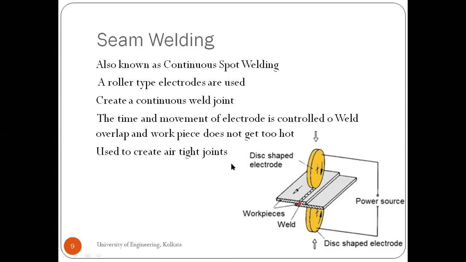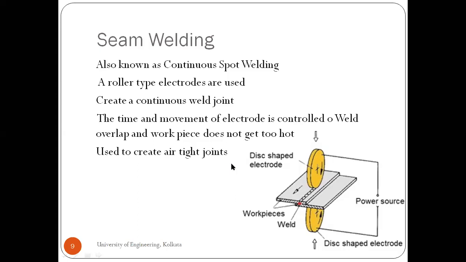This process is also known as continuous spot welding. In continuous spot welding, what exactly happens is that a roller type of electrode is used, and a continuous weld is created.